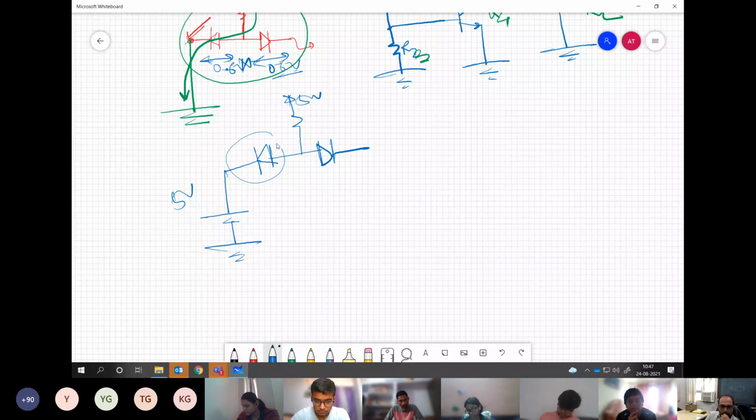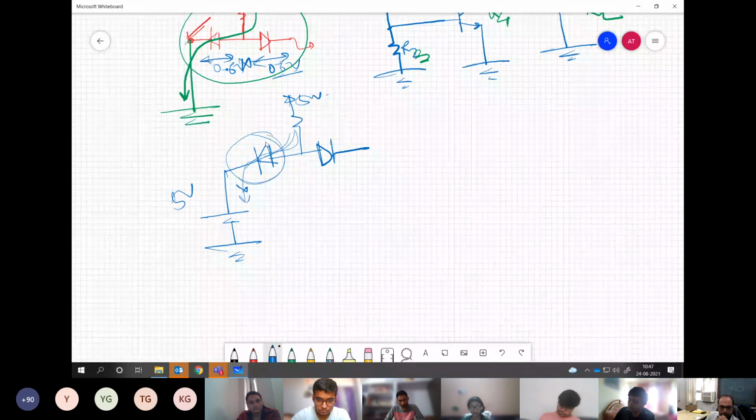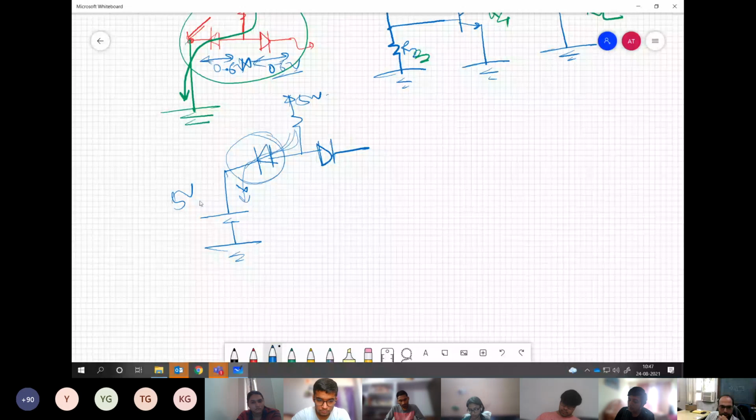Will this junction break down? Will this diode conduct or will this current flow? No, right? Because you need at least 0.6 volts more than whatever is the input to make it conduct.